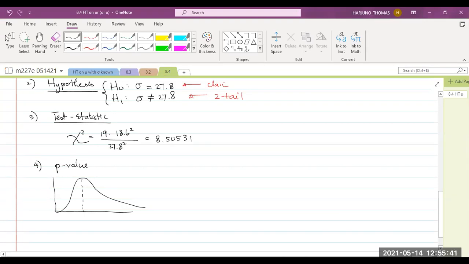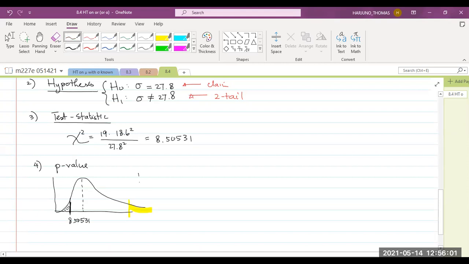From here we see that the test statistic is 8.5 something. The p-value will be the area to the left, but then you need to double it, because it's two-tailed.